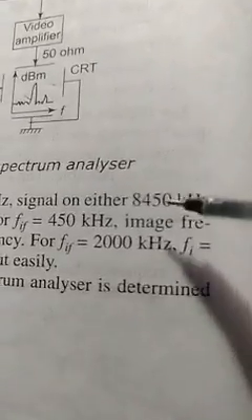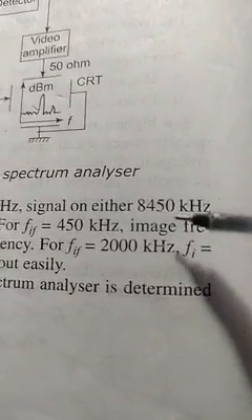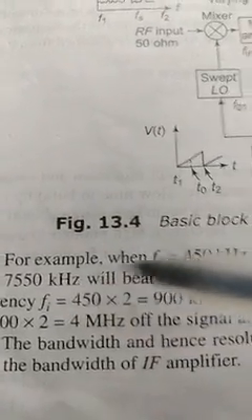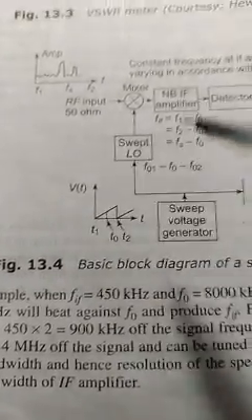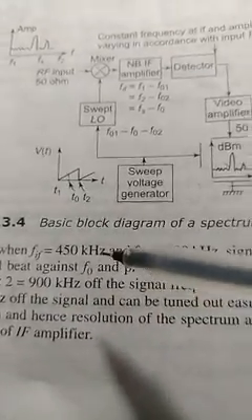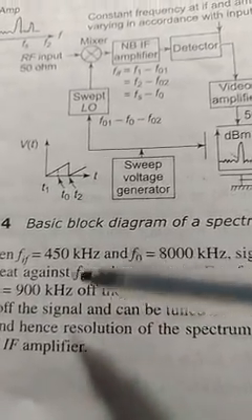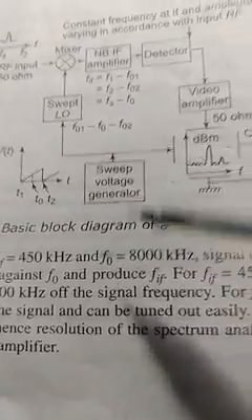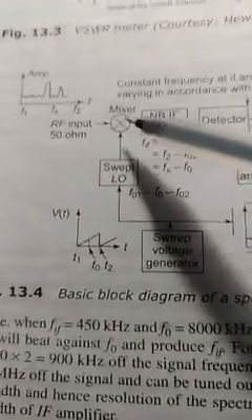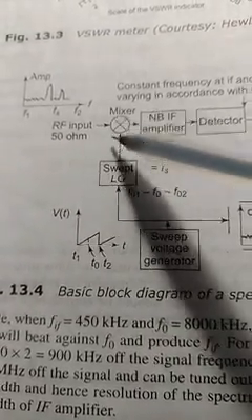We will see that 8450 kilohertz and 7550 kilohertz will be the two frequencies that may be the signal, which will swing around this F0 center frequency.